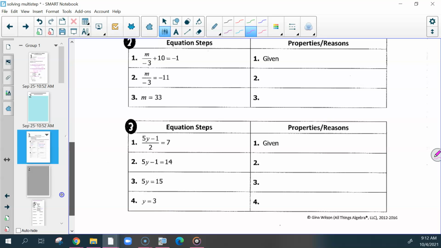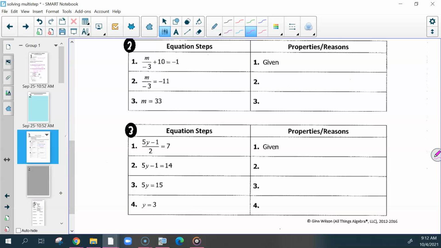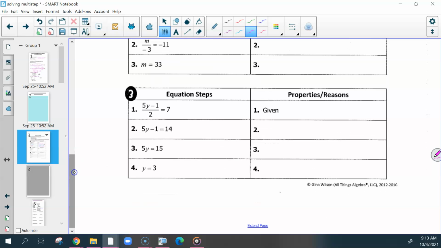Let's get down and do number 3. I'm going to let you guys do number 2. So for number 3, again, this first one is given. That's the original problem. What did they do from here to here? Multiply what?